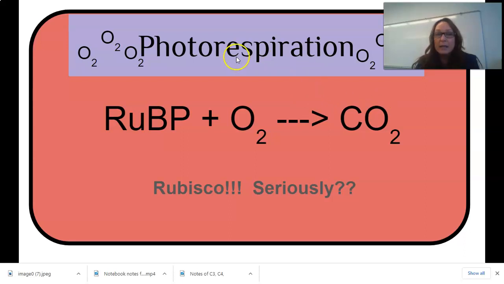Because cellular respiration also consumes oxygen and releases carbon dioxide, that's why this is called photorespiration. They're different processes. They're just making the point that this is not photosynthesis. It is very energy and carbon wasteful.